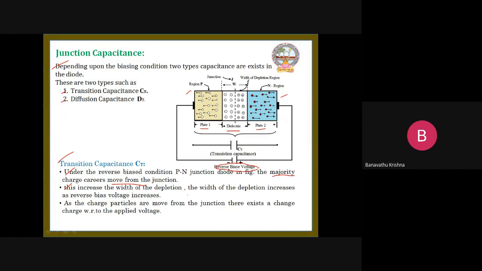The width of the depletion region increases with increasing reverse bias voltage.